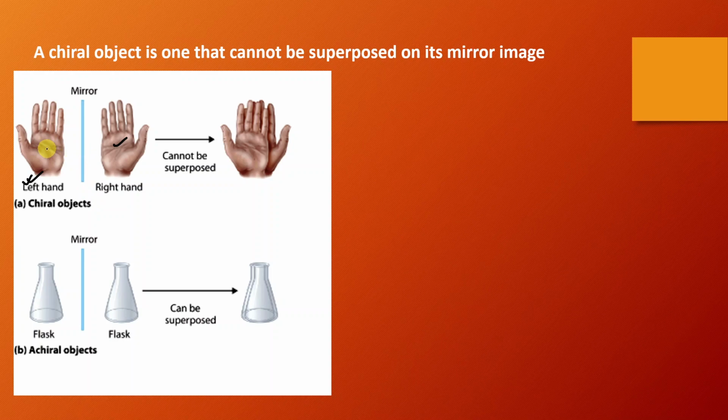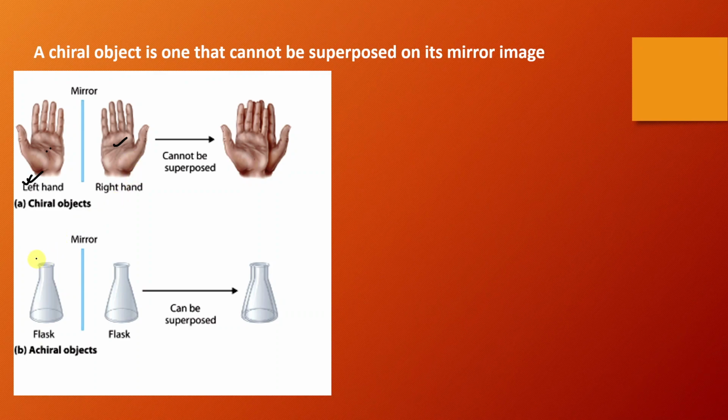Now if you try to place this left hand exactly above its mirror image, the right hand, they cannot be superimposed. You can try with your hands right now. If you put your left hand onto your right hand, they will not be superimposed. These types of objects are called chiral objects, which are not at all superimposable on their mirror image.